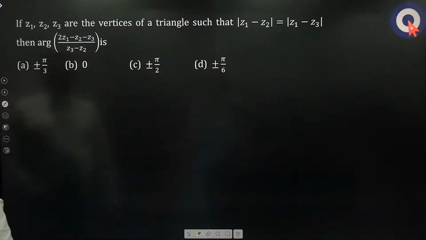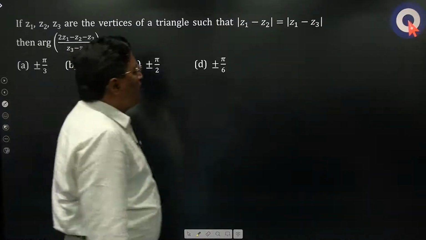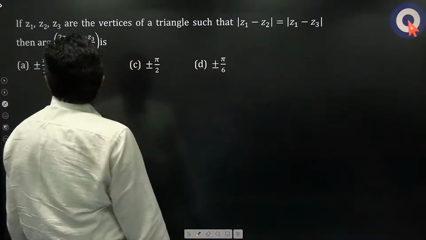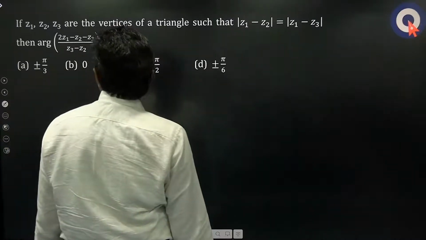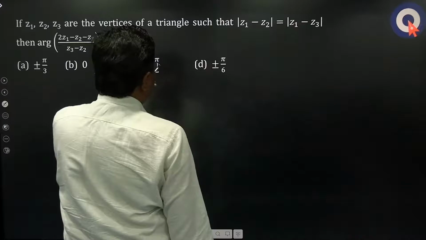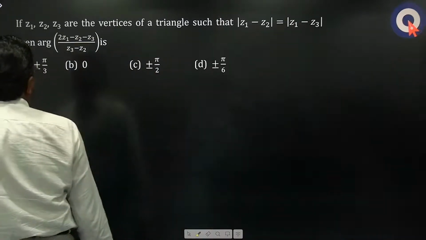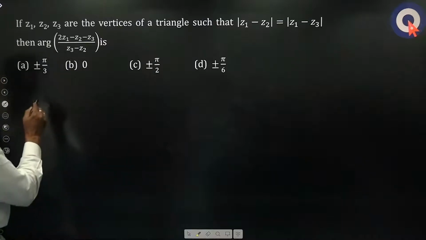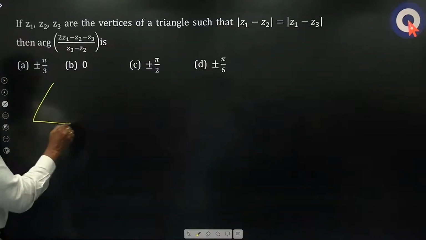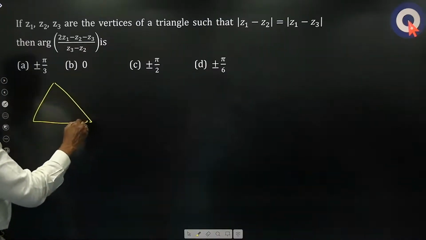Next, if Z1, Z2, Z3 are the vertices of a triangle such that mod of Z1 minus Z2 is equal to mod of Z1 minus Z3, then the argument of 2Z1 minus Z2 minus Z3 by Z3 minus Z2. All right. So we shall consider a triangle.